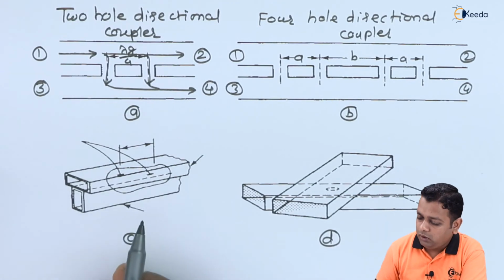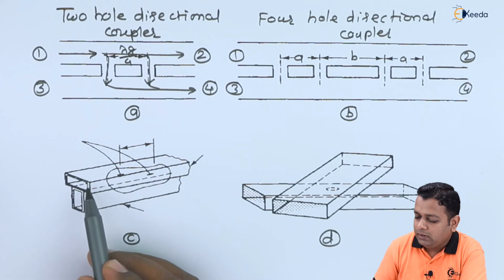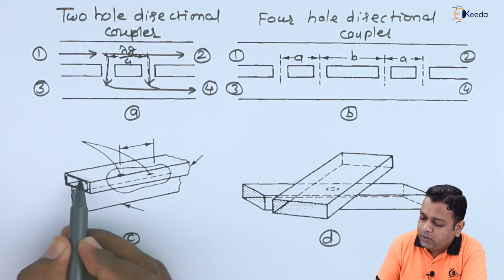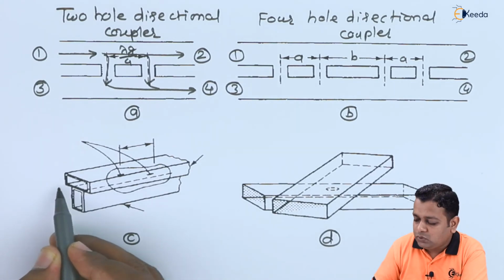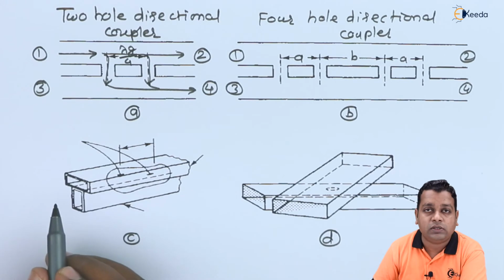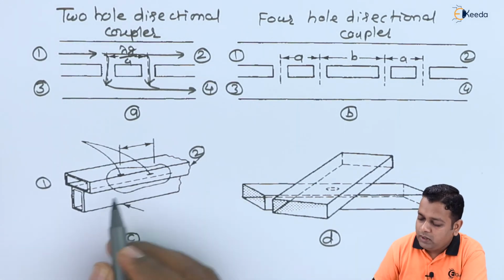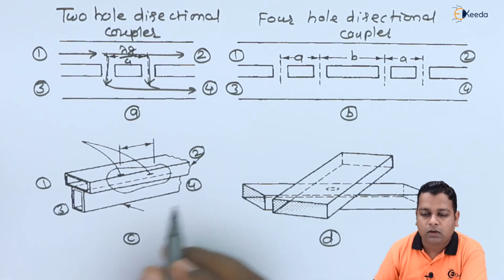Now when we come to part C of the figure, you can see these are the two waveguides and their alignment. This is the broader dimension, this is the smaller dimension. As it is on the upper side, we can consider this to be the primary waveguide running from port number 1 to port number 2, and this is the secondary waveguide running from port number 3 to port number 4.